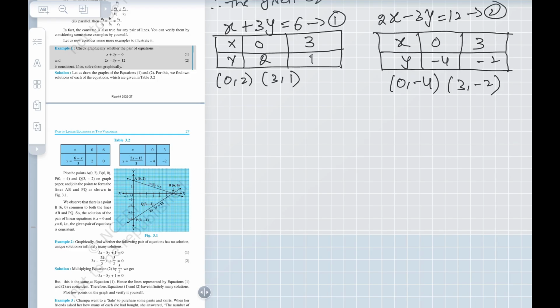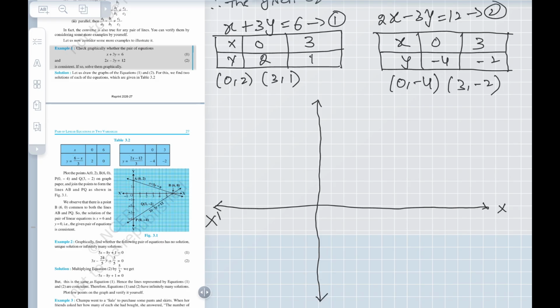So you can draw the graph in the middle nicely, a vertical line as well as a horizontal line. You have to draw them, and arrow marks must be there. Horizontal line is x and x dash, vertical line y and y dash, and definitely you should write the scale on the right side above the graph.